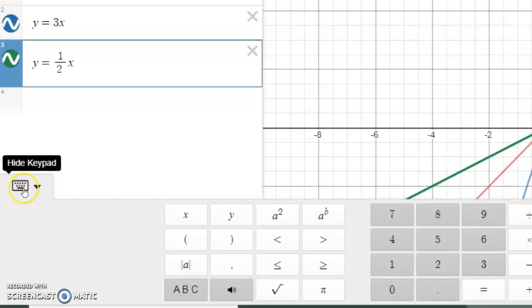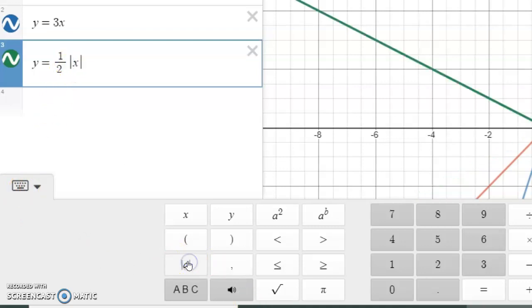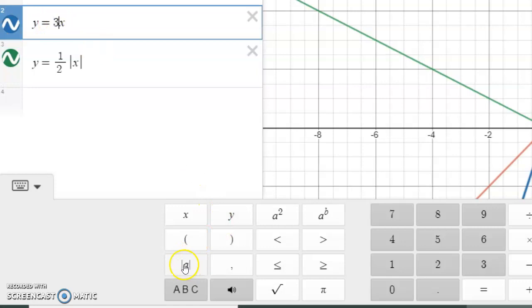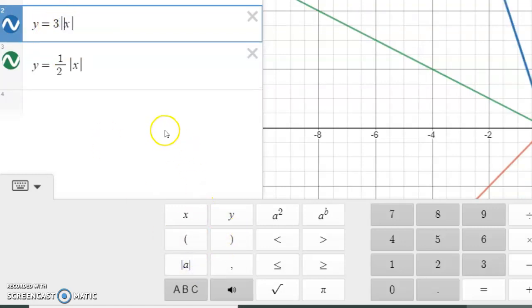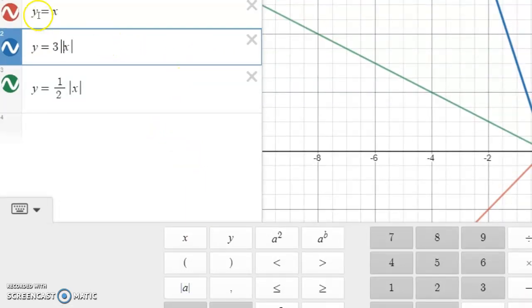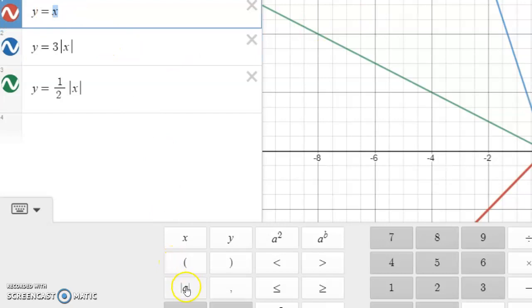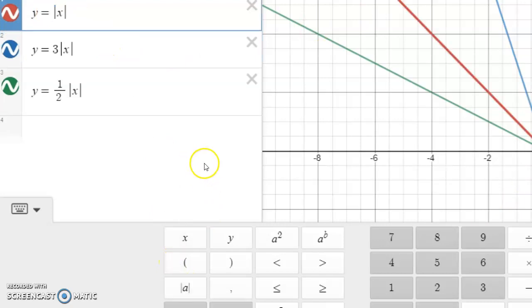You're going to click this little thing, and that'll make an absolute value. Okay, you might have seen that little thing pick up over on the corner. Right here, the absolute value. Let's see if I can get up here also to get an absolute value.